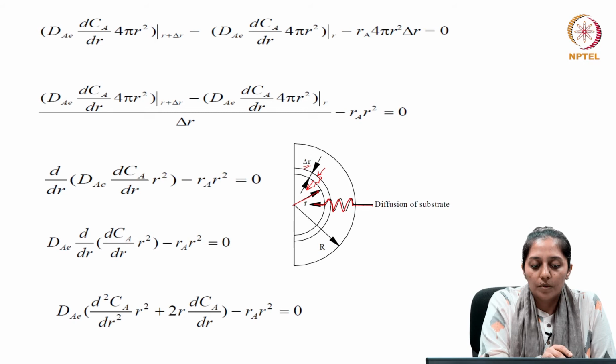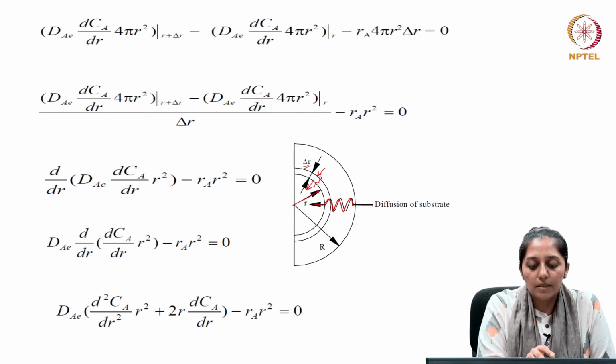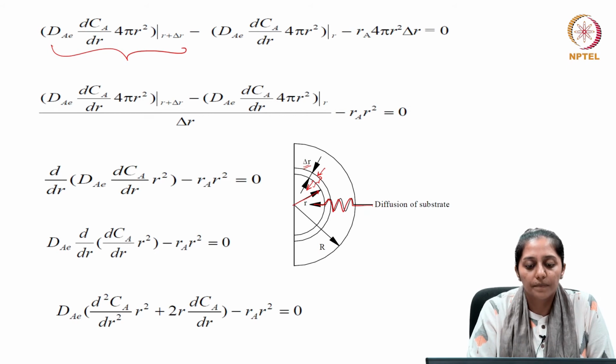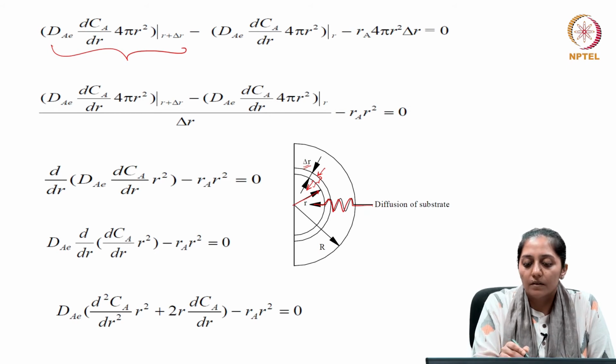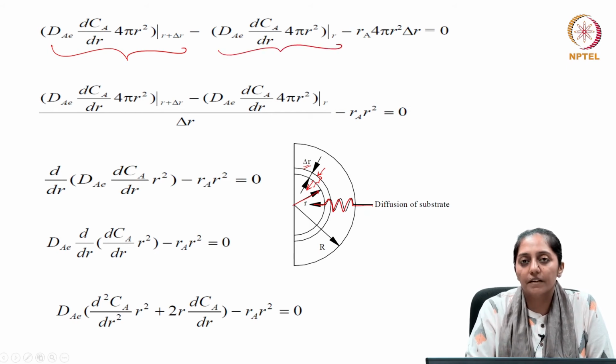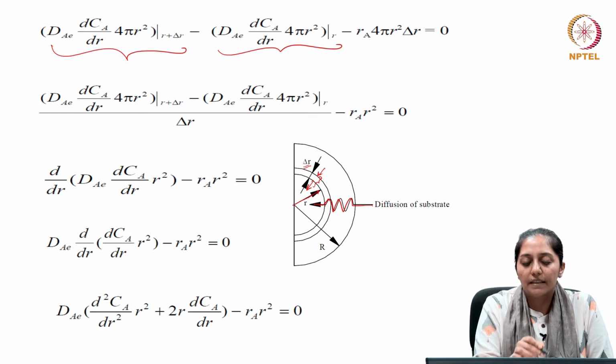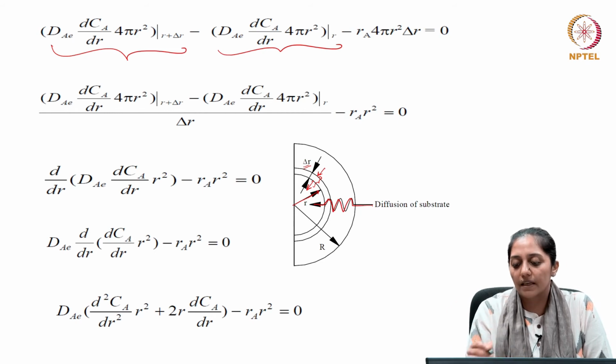The rate at which it is coming inside is your first term. The second term, which is again defined by Fick's law, is the rate at which the substrate is going out at a distance r, and at a distance r plus delta r it was coming in.